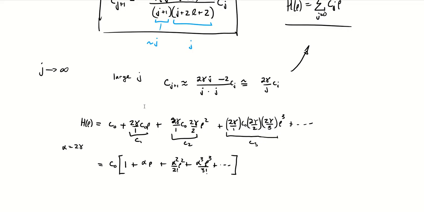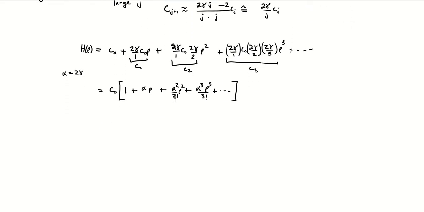And we get this whole term where, hopefully you recognize this, this is an exponential of alpha rho, which is 2γ times rho.